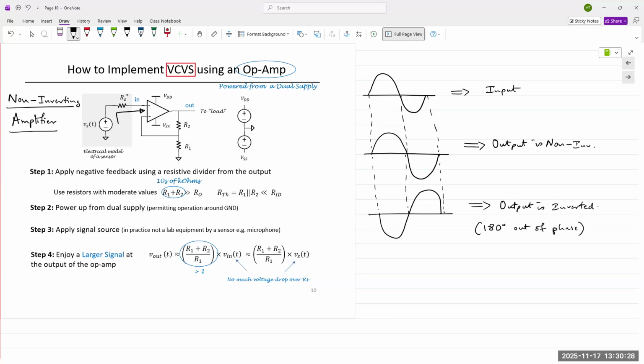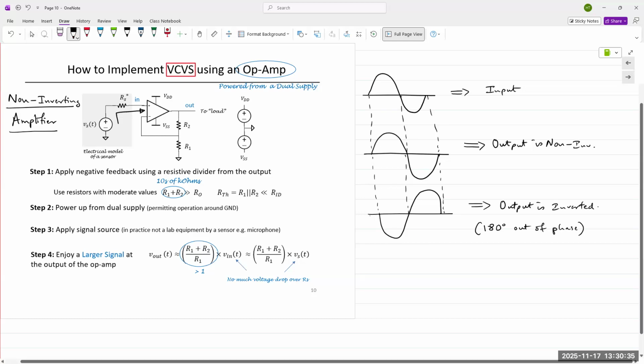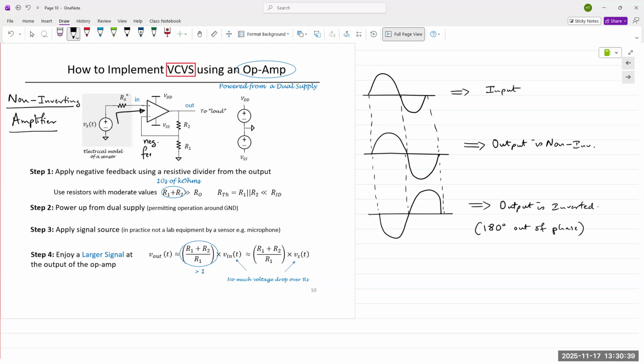With the signal at the non-inverting terminal, we have the output fed back into the inverting terminal. So this is an example of negative feedback. And if you look closely, you can realize that this is a voltage divider network.